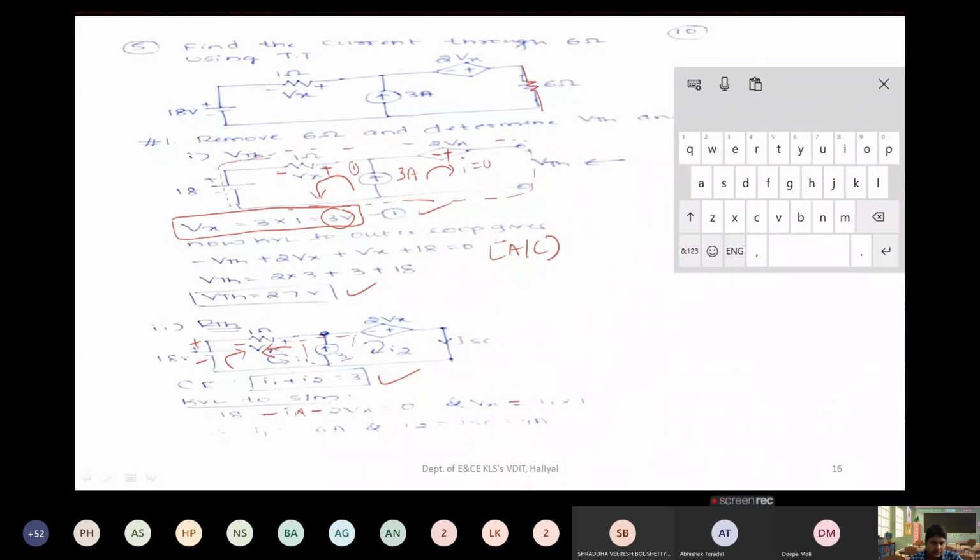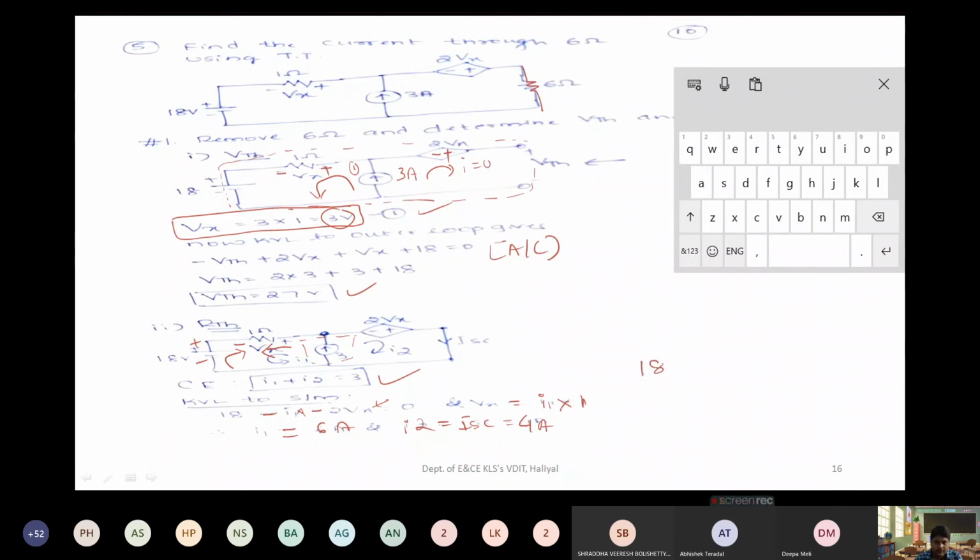But what is Vx? Vx is I1 into 1, right? So if you calculate I1, you will get I1 as 6 amperes and I2 as the same as I short circuit, equal to 4 amperes. So from this equation only. How have I obtained I1 now? I have just replaced Vx with I1 here.